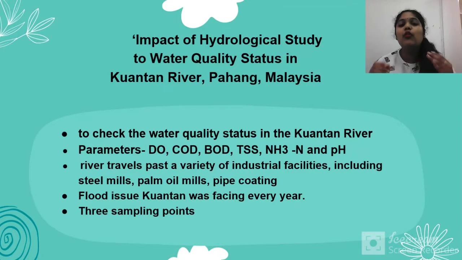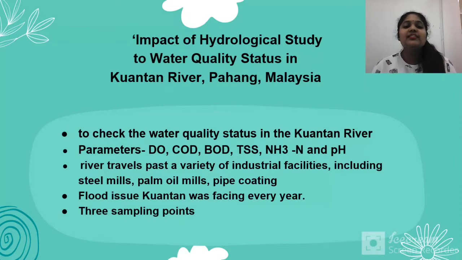The Kuantan River is very big and very long, so along the river they had taken 3 sampling points so that they can evaluate each other. The parameters used in this study are DO, dissolved oxygen, COD, chemical oxygen demand, BOD, biochemical oxygen demand, and TSS, NH3 and also pH.